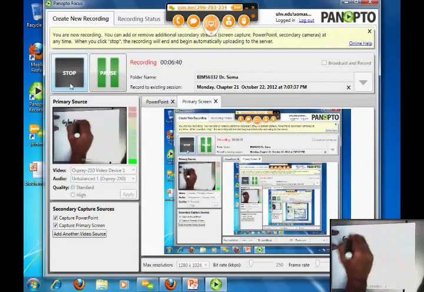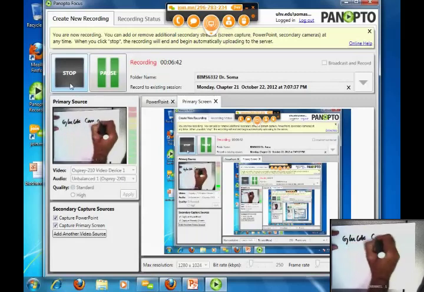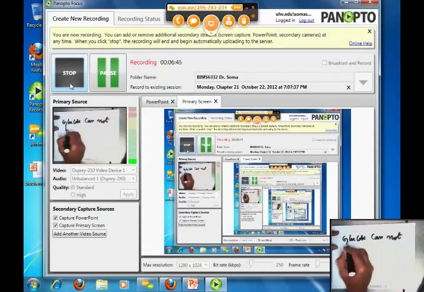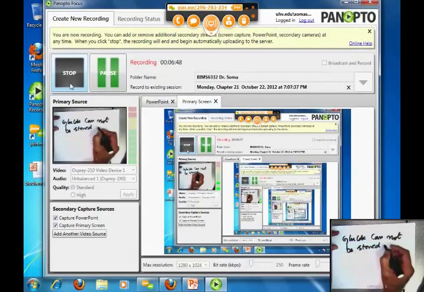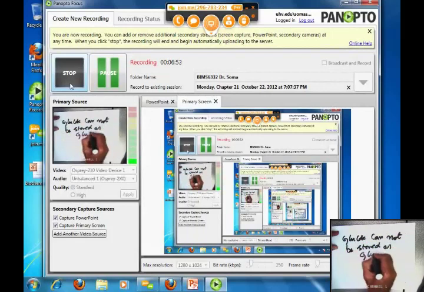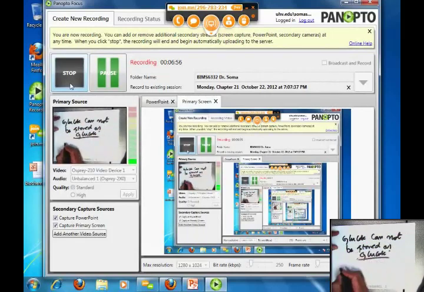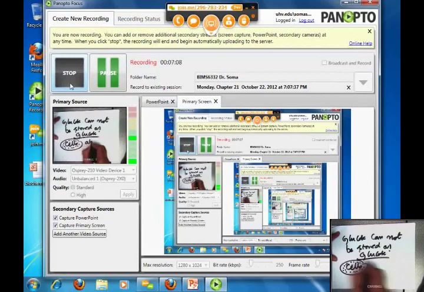Glucose cannot be stored as a glucose molecule. Why? The reason is, if the body cells, individual cells, accumulate glucose, what will happen? It will absorb water and the cell will burst.